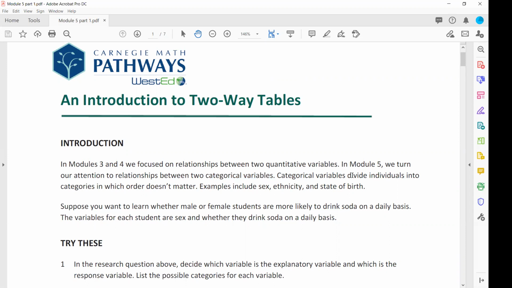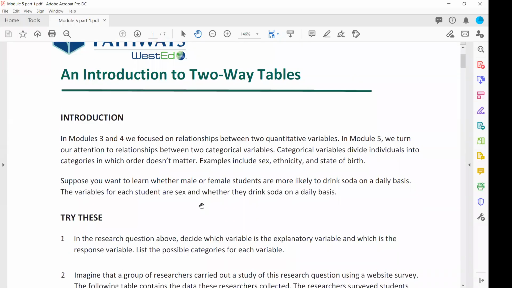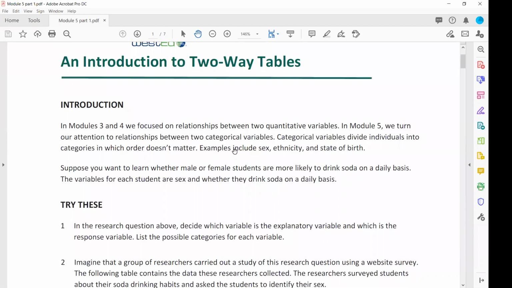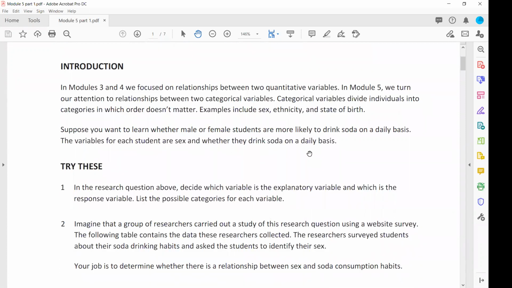Categorical variables divide individuals into categories in which order doesn't matter. Examples include sex, ethnicity, and state of birth.